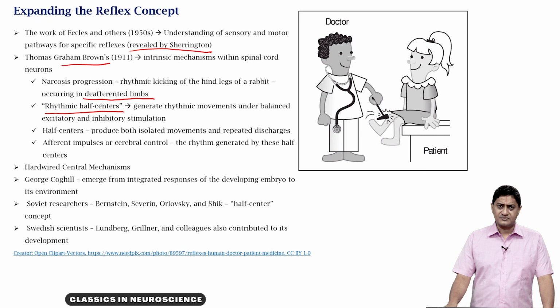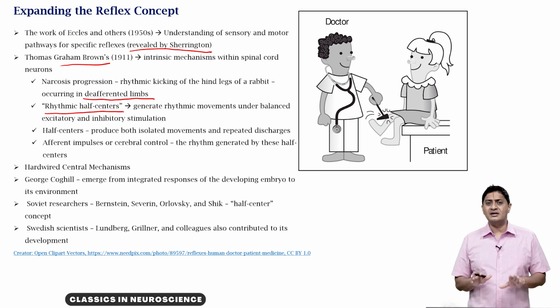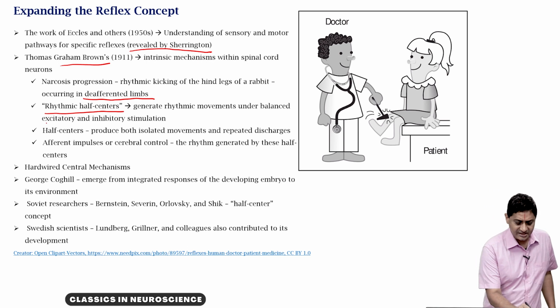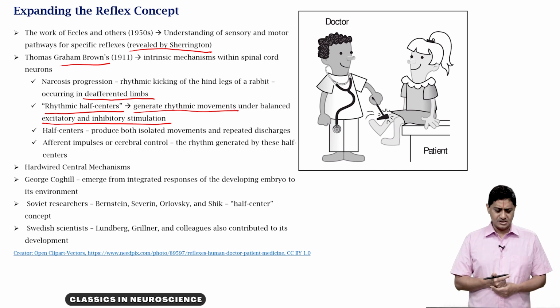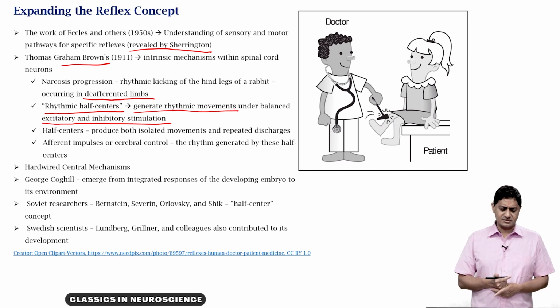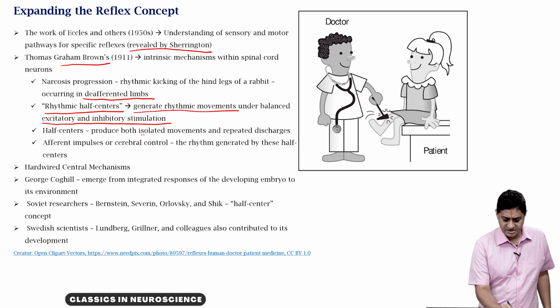These are sets of neurons or neural systems that could generate rhythmic movements under a balance of excitation and inhibition. This was called half centers, rhythmic half centers. So, these half centers produce both isolated movements and repeated discharges.